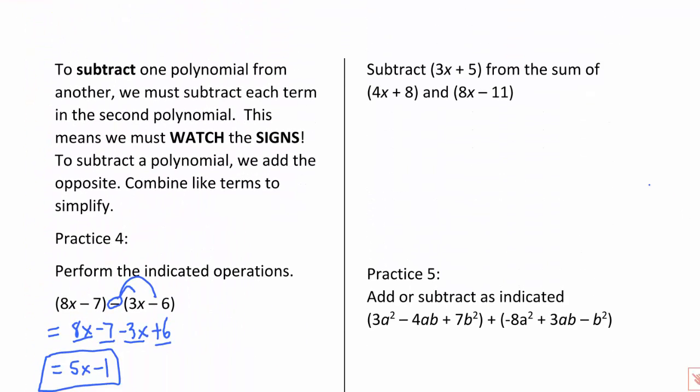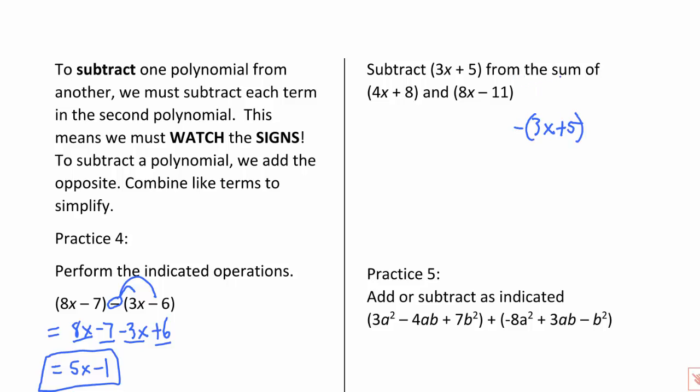Now we're going to subtract 3x plus 5 from the sum of 4x plus 8 and 8x minus 11. Now this one we have to be very careful. This is a subtract this from that type situation. Because this one's listed first, it goes second. So this 3x plus 5 is actually after the minus sign.